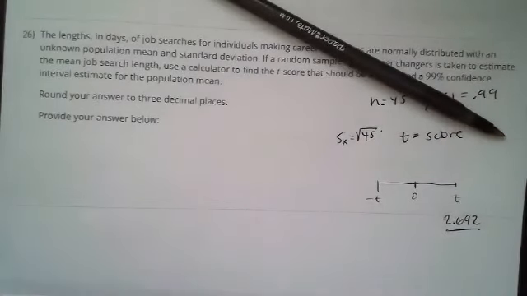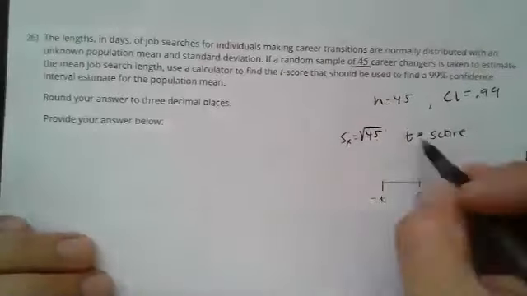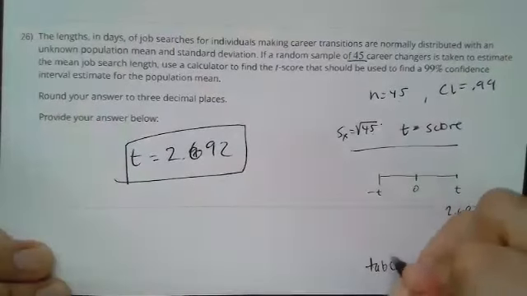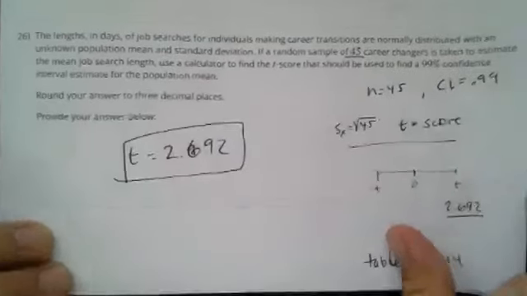Let's see here, CL of 99. Maybe we put a pin on this one. I'd like to show you another way to do this, but it's looking to be a little more difficult than I anticipated. I'm pretty sure there's a way. Let me find a table that has 44. That's a note to myself.